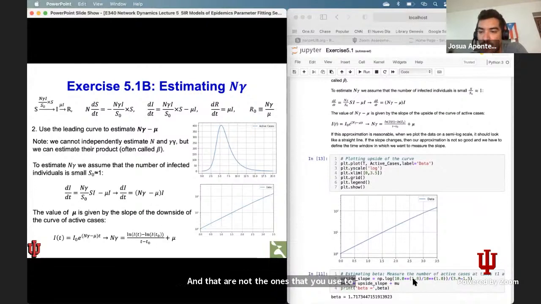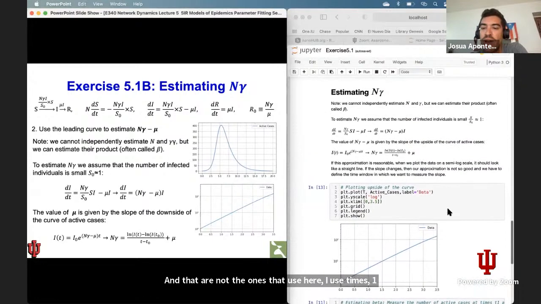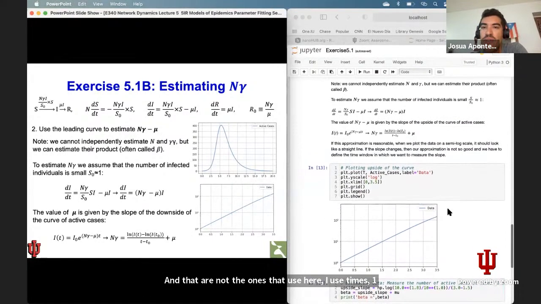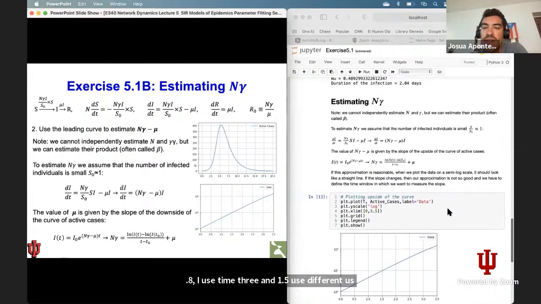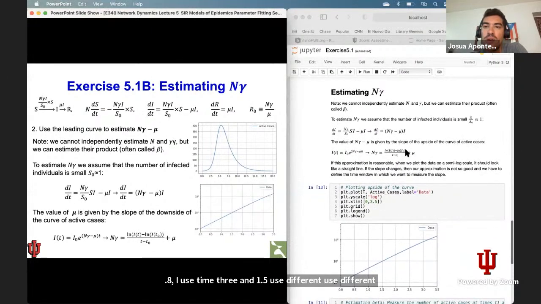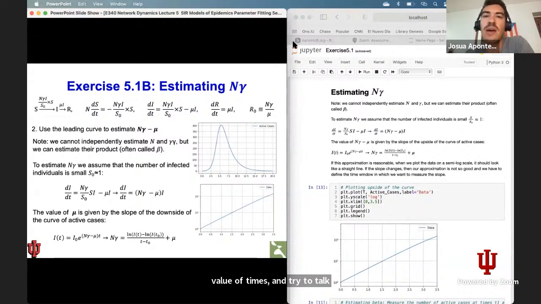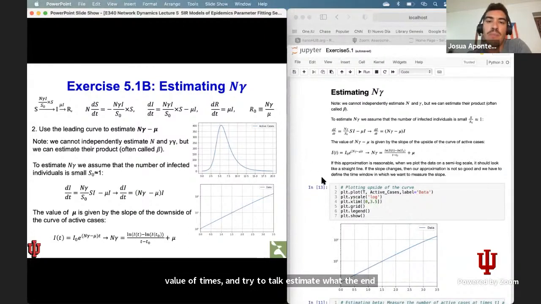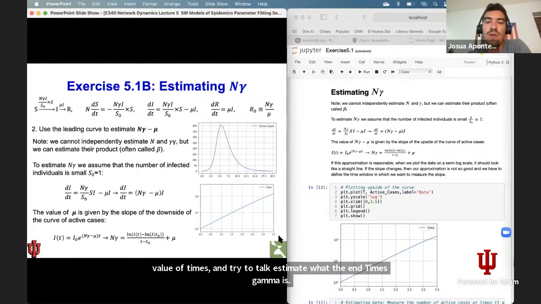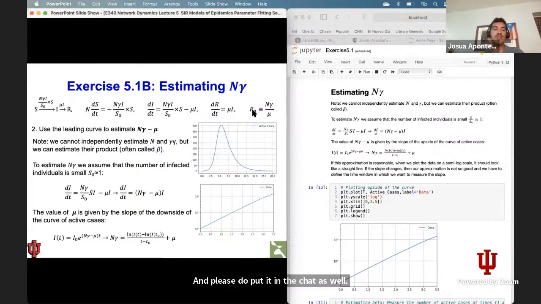I used times 1.8, 3 and 1.5. Use different times and try to estimate what n times gamma is. And please do put it in the chat as well. And do tell me at least what times you used to estimate the slope of the curve.